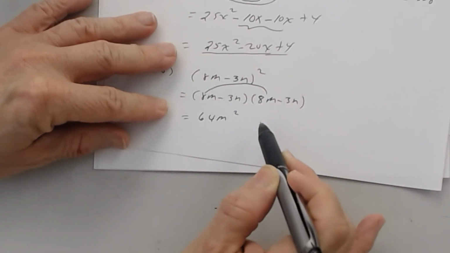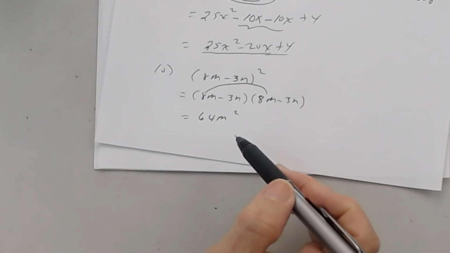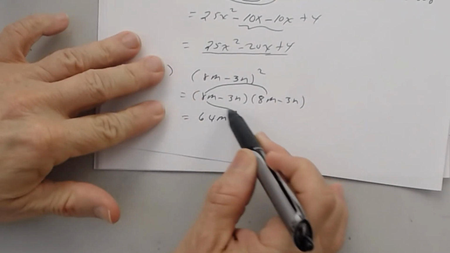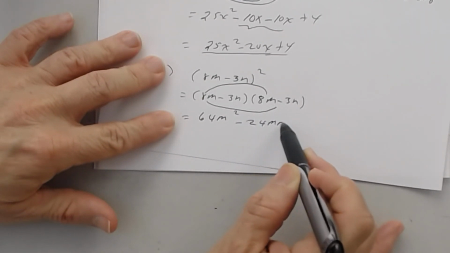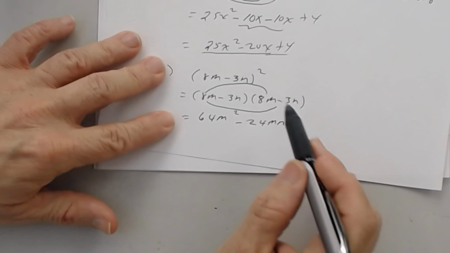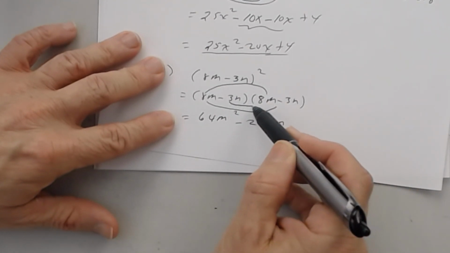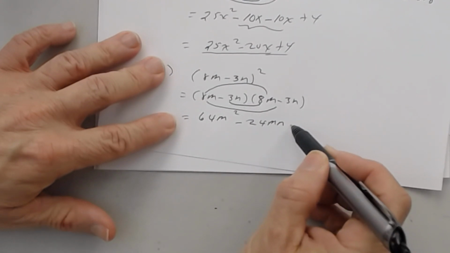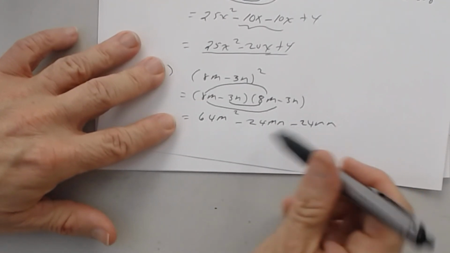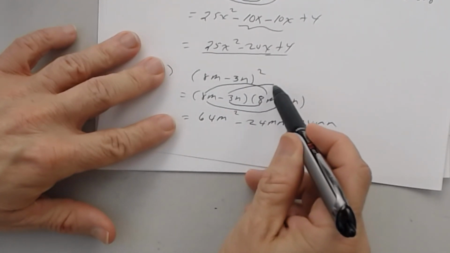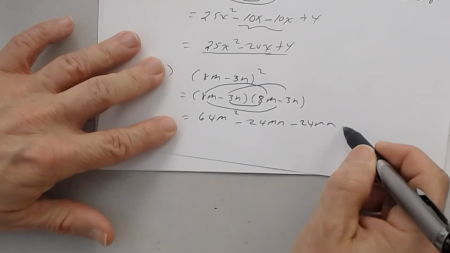64m squared. Now remember, I'm squaring a binomial, so when I do the outer and inner, they better be identical. What is the outer? Y'all agree? Negative 24mn. The inner better be the same thing, so let's check it though. What's the negative 3n times 8m? Yep, so the same thing. And now the last. What's a negative 3n times a negative 3n?